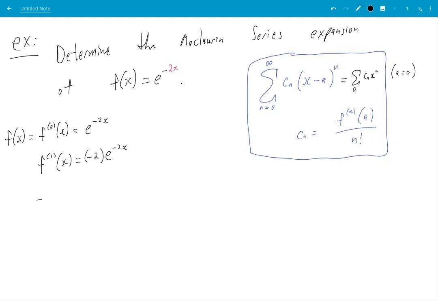Then the second derivative is minus 2 squared e to the minus 2x. The third derivative is minus 2 cubed e to the minus 2x.